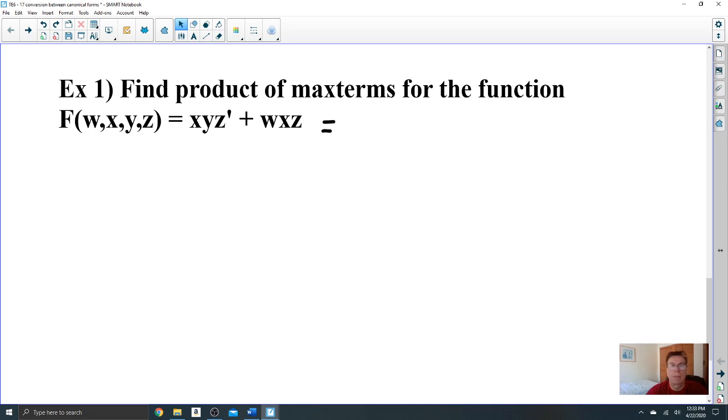So we'll develop it into sum of minterms. So x, y, z prime, and I see w is missing, so I'm going to multiply this term times 1 in form of w prime plus w.